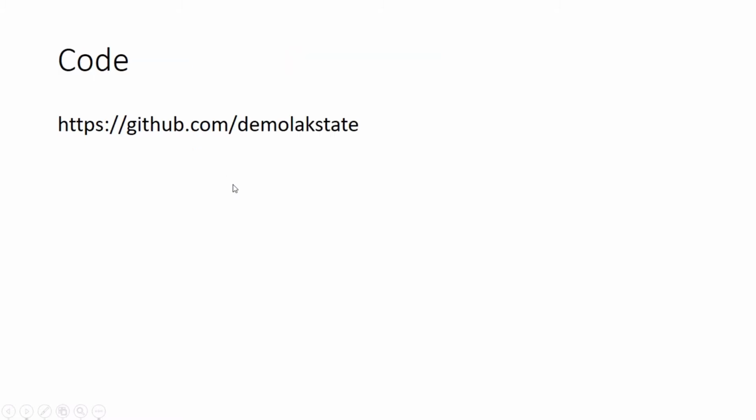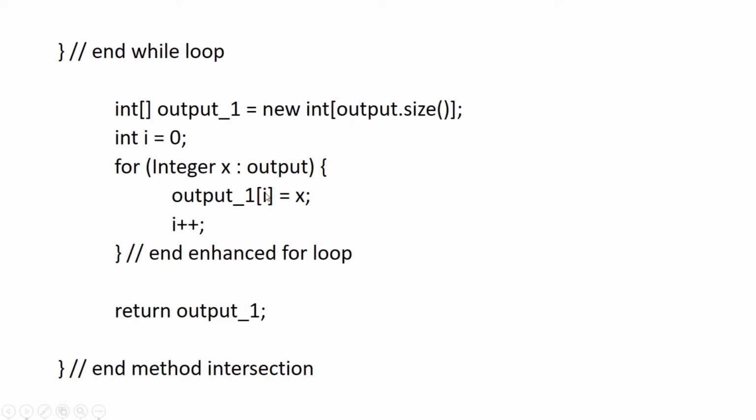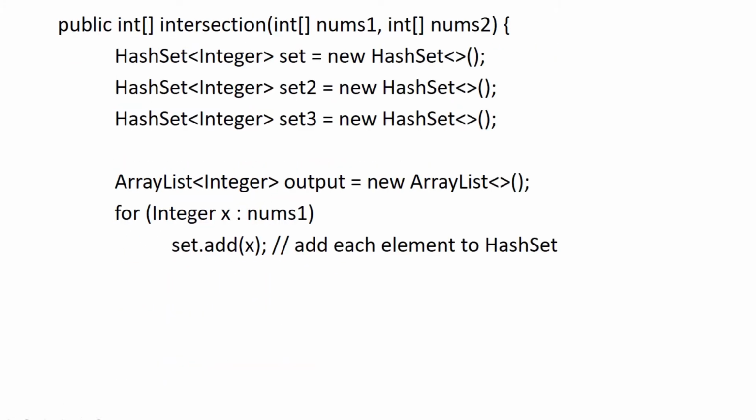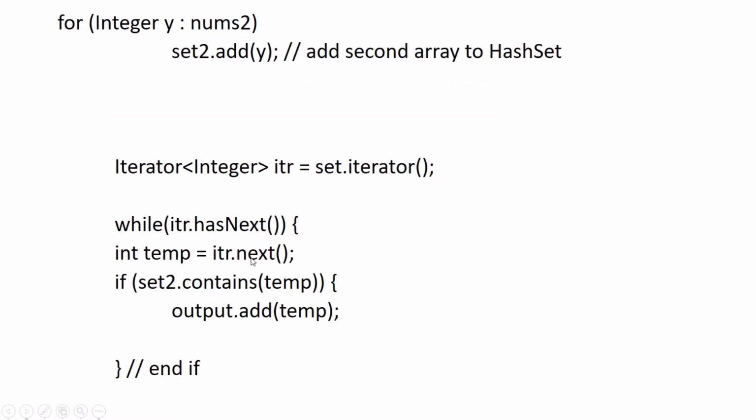If you analyze this, you will see that each time we run through the array, either nums1 or nums2, it takes n time. So here we go through it n times, and nums2 will go through it n times.